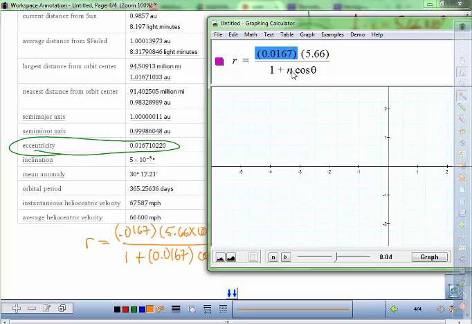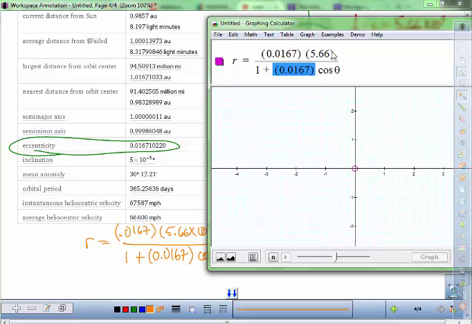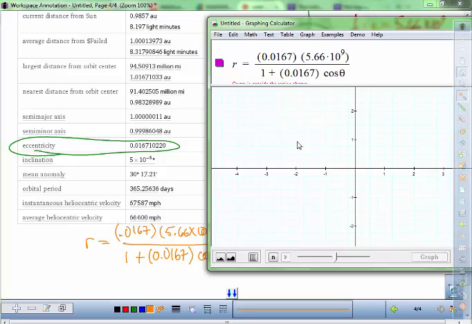And then my coefficient of the cosine would be this. Oh, it looks so small. Let's multiply it. Now it looks too big.